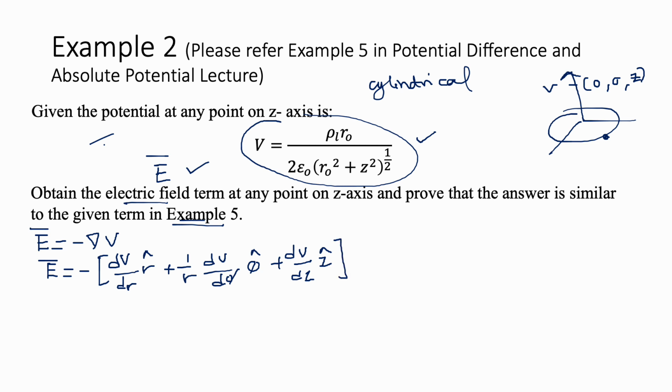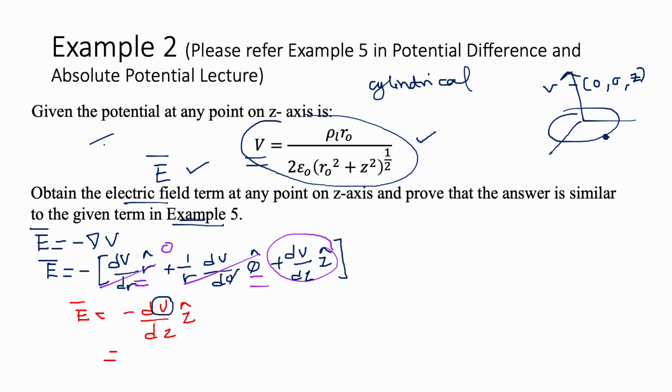Based on our previous lecture, our variable will not involve phi and r; it only involves z. So of course those will be 0, and your E will then become negative dV over dz in the z direction.